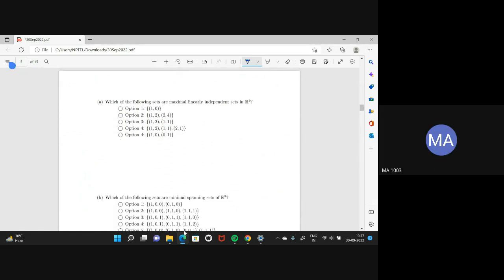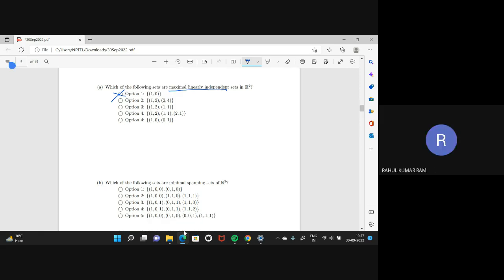Which of the following sets are maximal linearly independent sets in R2? Is the first one maximal linearly independent? No, ma'am. Why not? Because it spans only the X direction.